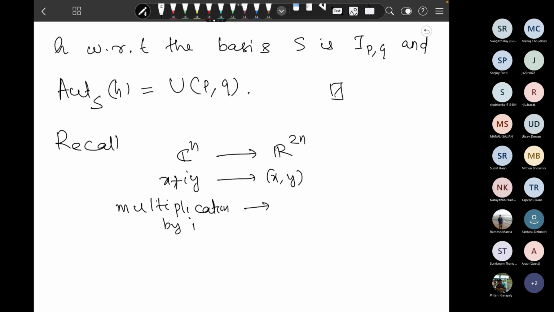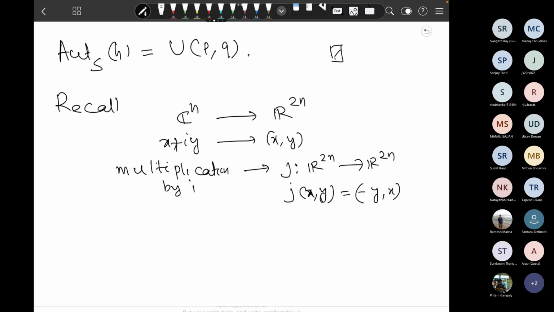And there is a corresponding map on R2n, and that map was nothing but J of (x, y) equal to (minus y, x).